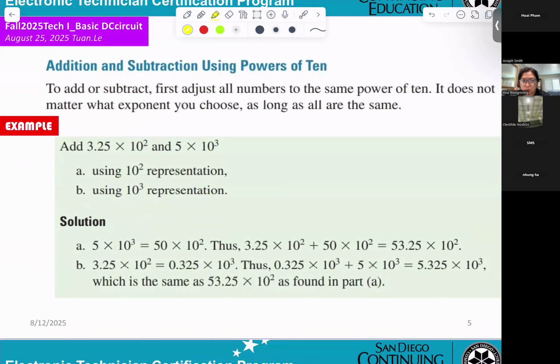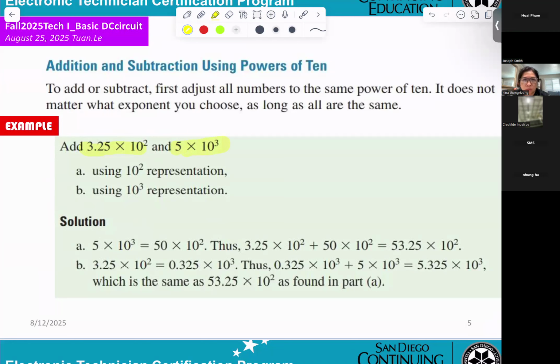Now, they're talking about addition. You add 3.25 times 10 to the power of 2 and 5 times 10 to the power of 3.